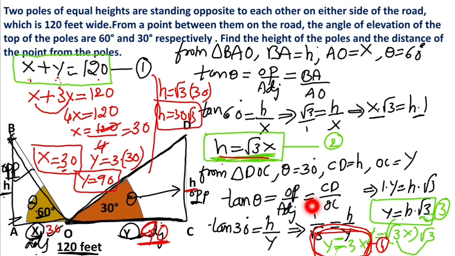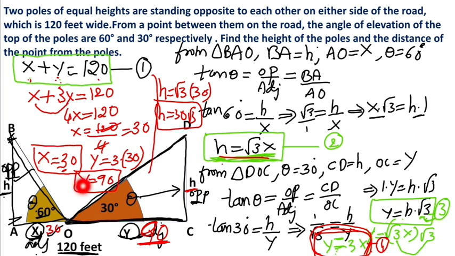Instead of y we can write 3x. Write in this, x plus 3x is equal to 120, then x plus 3x is nothing but 4x, which is equal to 120, then x is equal to 120 by 4, by cancelling we get 30. So the x value is 30, and after that substitute that value in equation 4, that is y is equal to 3x. Then y is equal to 3 into 30, that is y is equal to 90.